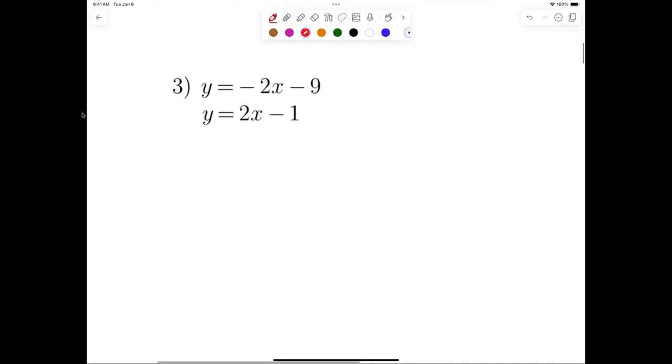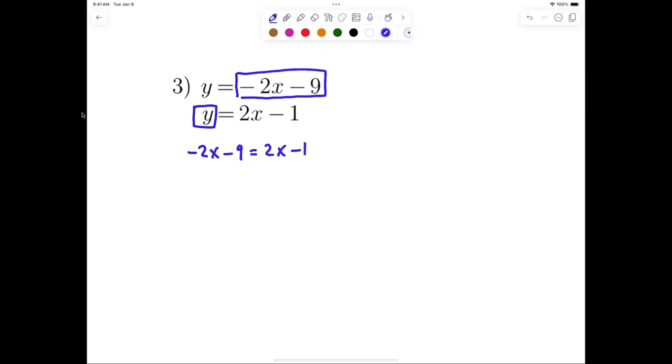Now, for question number 3. All right, once again, what does y equal? Y equals negative 2x minus 9. So once I establish what y equals, I just replace it. That y value, negative 2x minus 9, equals 2x minus 1.